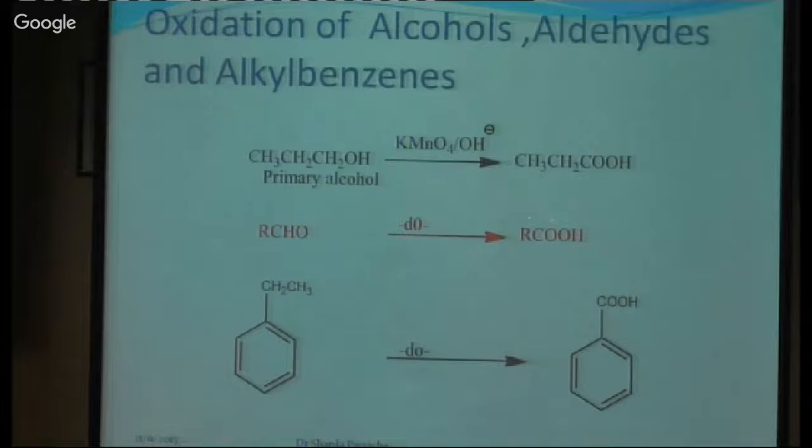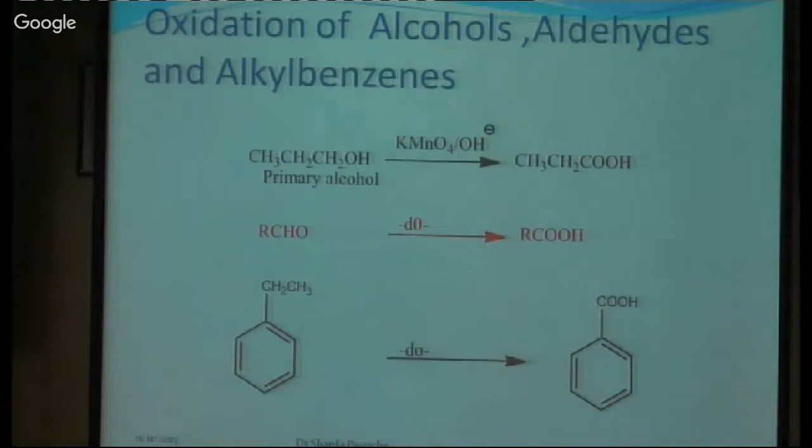Right? Now, what we are going to discuss at length here is the oxidation of alkyl benzenes. Now, what you find is that alkyl benzenes on oxidation with acidic or alkaline KMnO4, potassium dichromate, chromic acid can be oxidized to carboxylic acid.